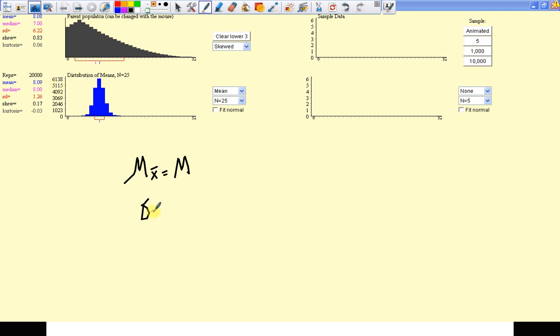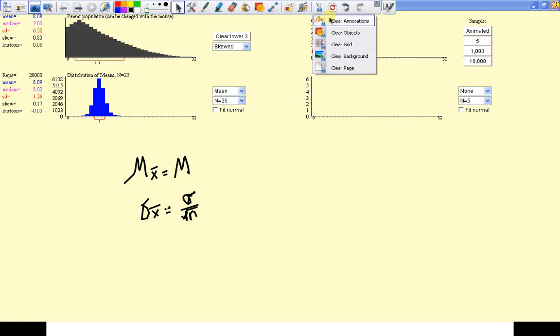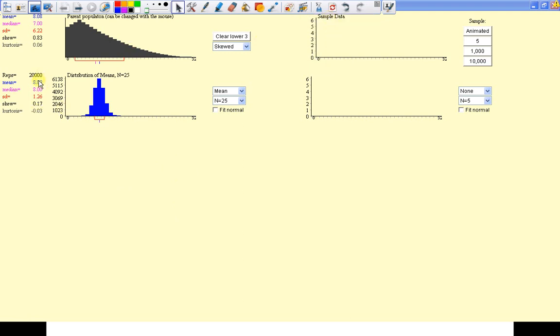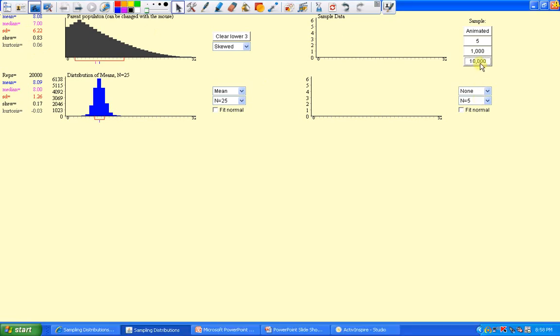And we know that the standard deviation of the x bars is equal to the standard deviation of the population divided by the square root of n. Okay, so let's remember that our mean is 8.08.